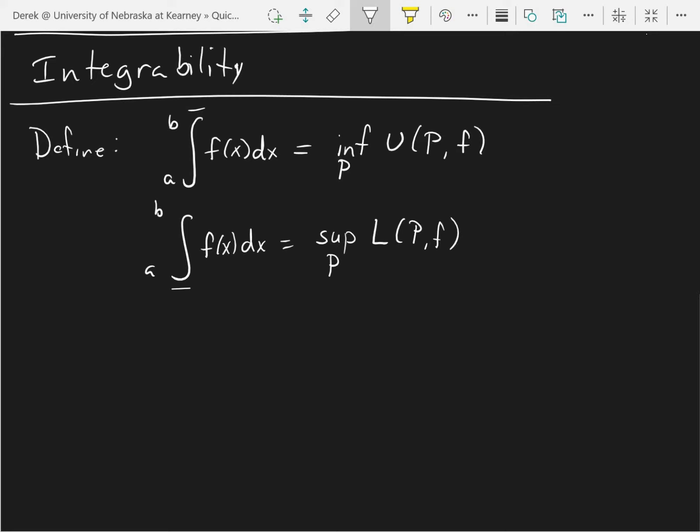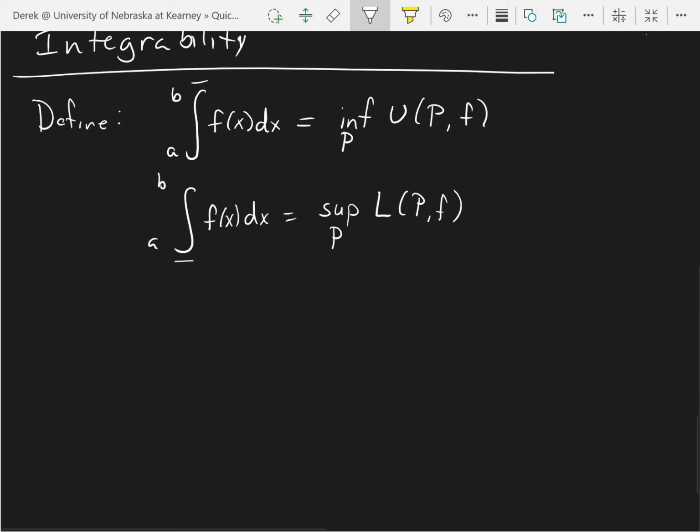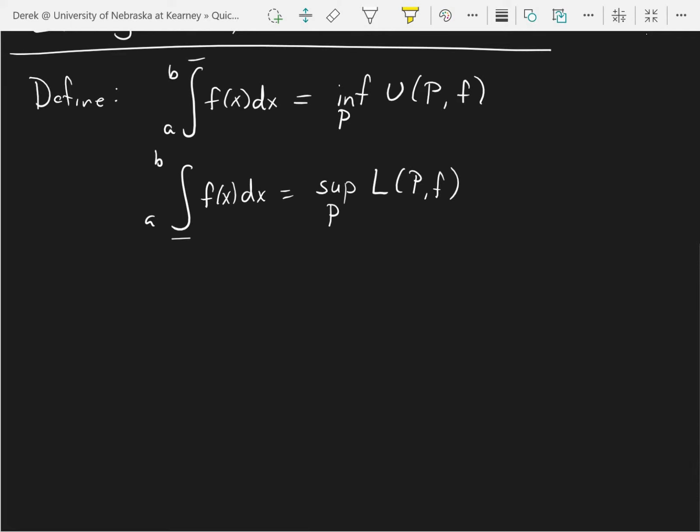Okay, so as we refine things, the lower integrals get bigger, the upper integrals get smaller. These are the bounds on how small the upper integrals can get and how big the lower integrals could get. And these are good estimates for what the area under the curve should actually be. And when it exists, they're going to be equal, and that's how we define the integral.